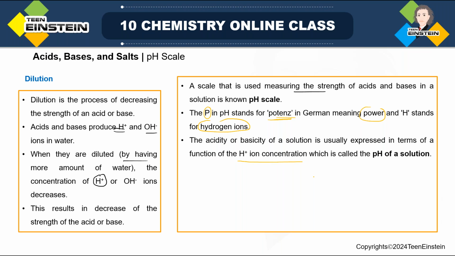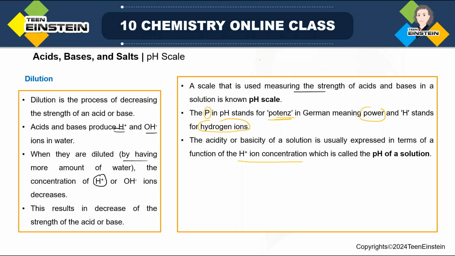Whether your solution is acidic or basic, irrespective of that, you can always answer the question of what is the strength of this acidity or basicity. You can always answer it in terms of H plus. So even if your solution is basic, you can answer it in terms of H plus ion. And why is it possible? Because when basicity is high, that means H plus ion is very low. So that is also another indication that your solution is basic in nature. And this acidity and basicity is all happening in aqueous solution.